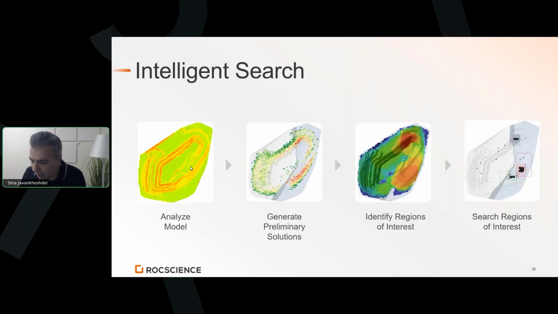So we start by analyzing the model, and then we come up with a solution to search in more depth in specific regions. This is the intelligent way of searching for the critical slip surface, and this is the cutting edge technology that we have in Slide 3 and no one else has it.